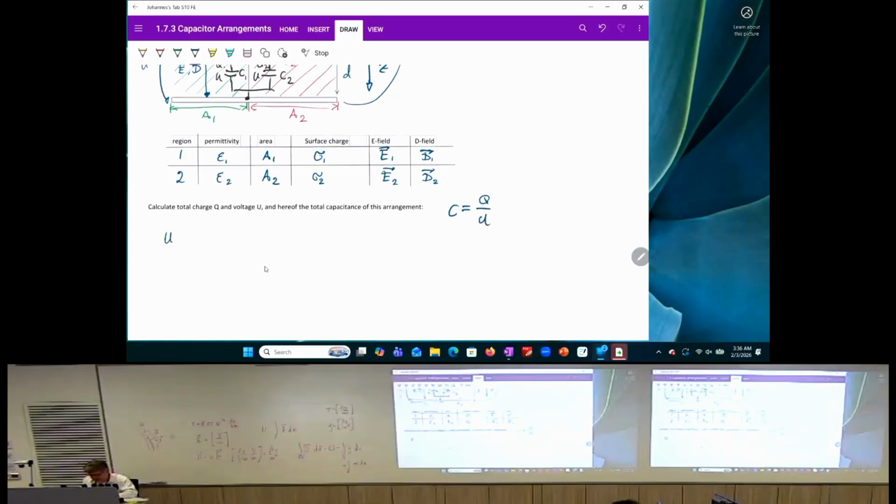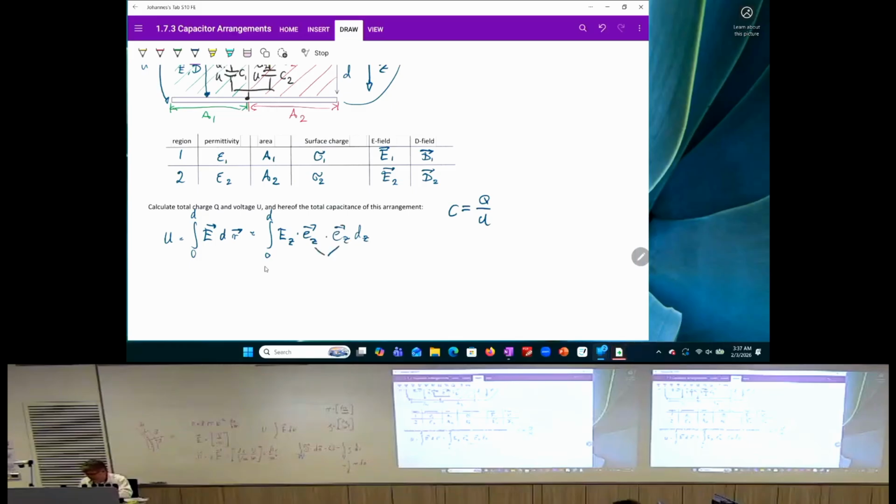The voltage is obtained by integrating over the electric field, over the gap in between these two plates. So basically we integrate from 0 to D over the electric field. Because it is a parallel plate capacitor, we have the fortunate situation again that this electric field is oriented in Z direction only. And the integration path, we also choose to take it in Z direction.